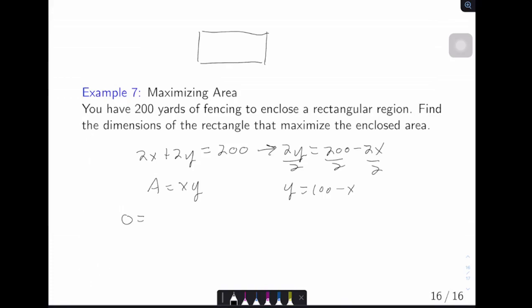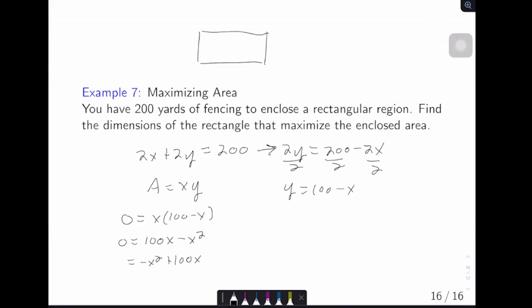A is equal to x times, x times 100 minus x, or A is equal to 100x minus x squared, but we want this to be negative x squared plus 100x, and then we just solve and find.